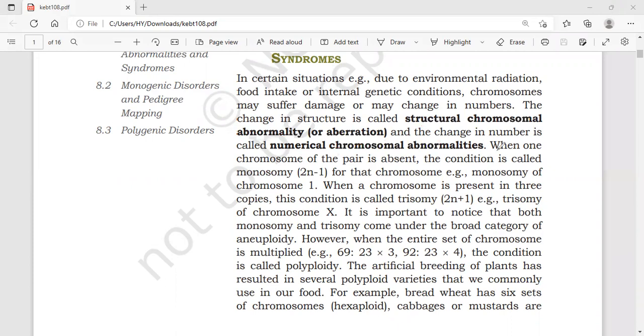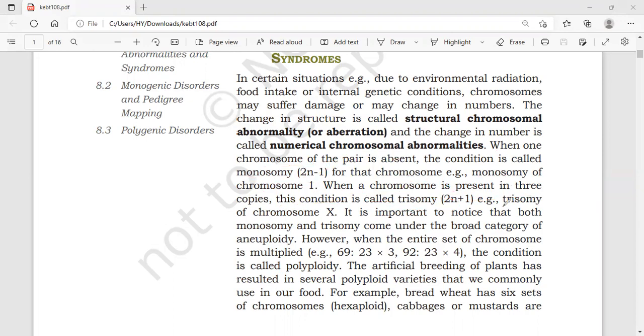When one chromosome out of the pair is absent, it's called monosomy, 2n minus 1 for that chromosome. Monosomy of chromosome 1. When a chromosome is present in 3, meaning one chromosome is more, it's called trisomy, 2n plus 1.